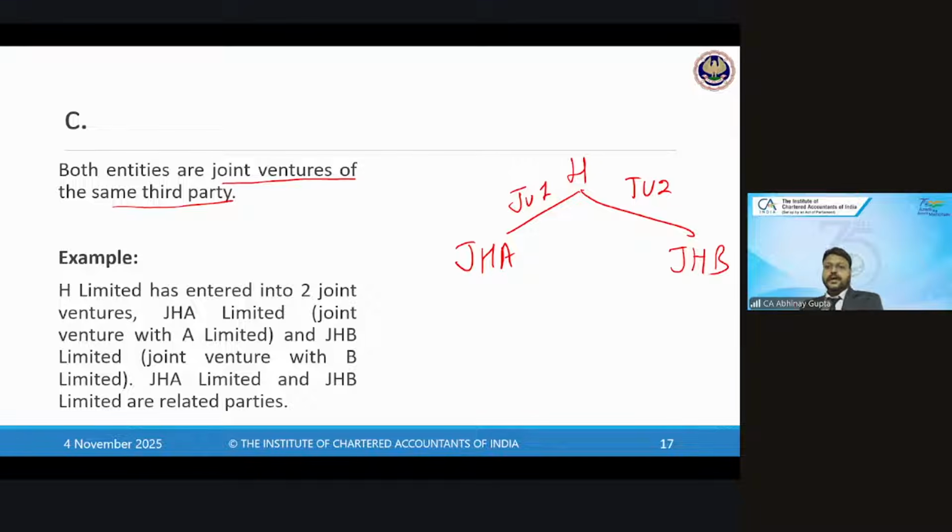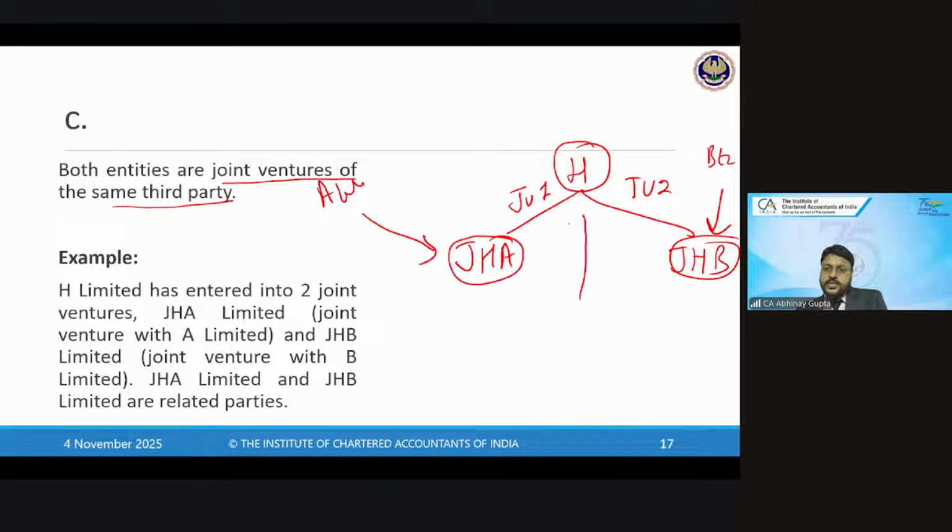Suppose A Limited and H Limited formed JHA, and B Limited and H Limited formed JHB. Now, because JHA and JHB have a common joint venturer H, the clause says JHA is related to JHB and JHB is related to JHA. Is that clear?